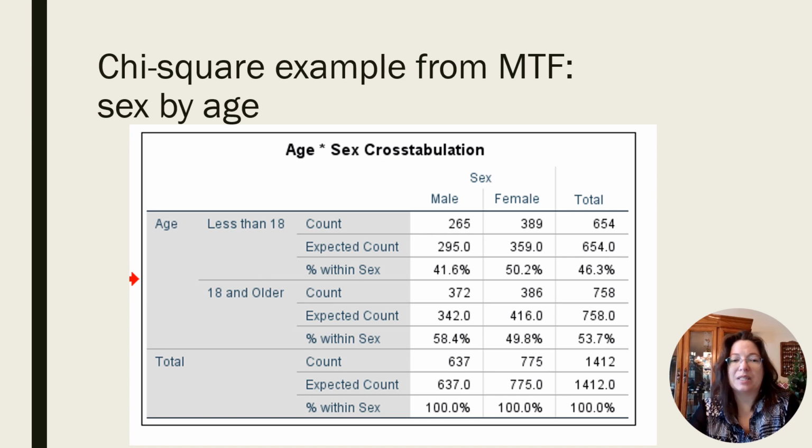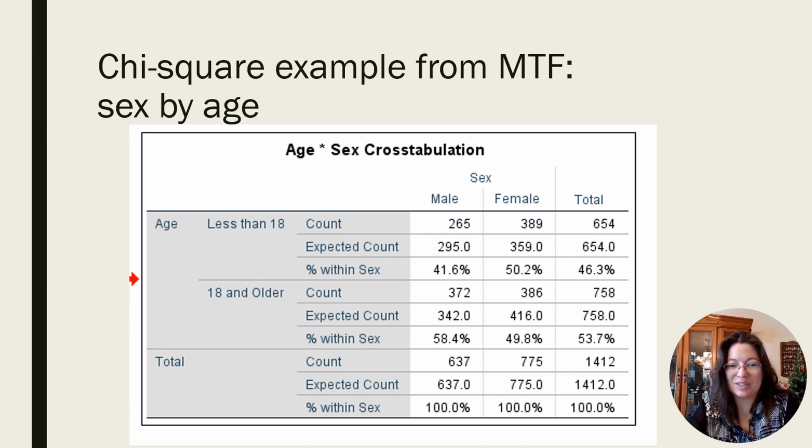Now what the table shows us is that under 18, we've got 265 male students and 389 female students. We would expect to see, if there was no relationship between gender and age, 295 male students and 359 female students.